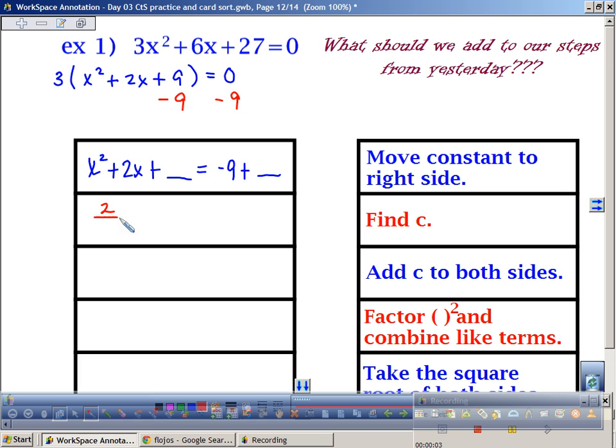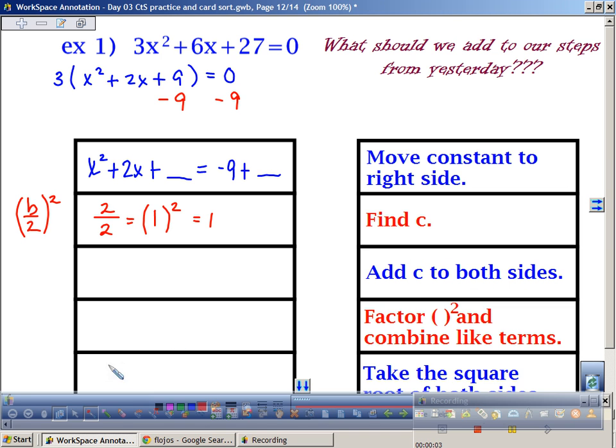Take 2, divide it by 2, equals 1, and you have to square it, equals 1. So we'll put a little side note out here. You have to take b, divide it by 2, and square it. Correct?